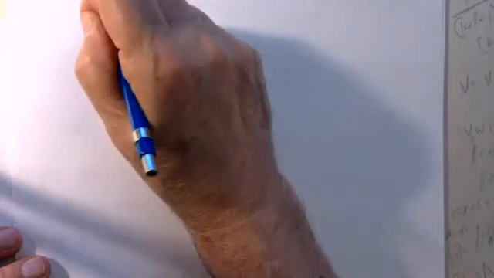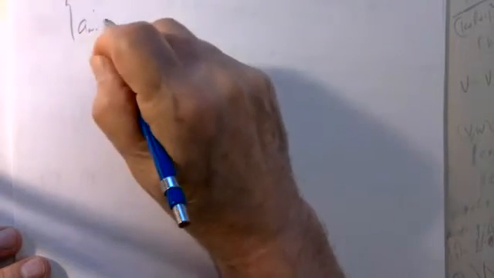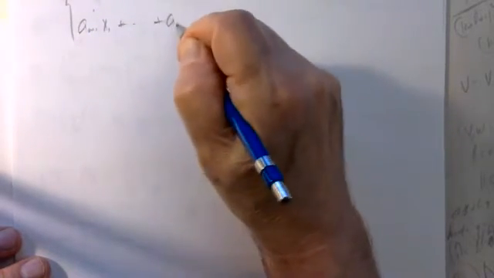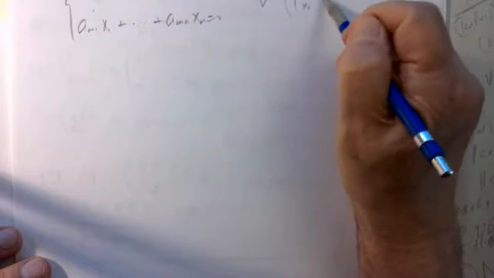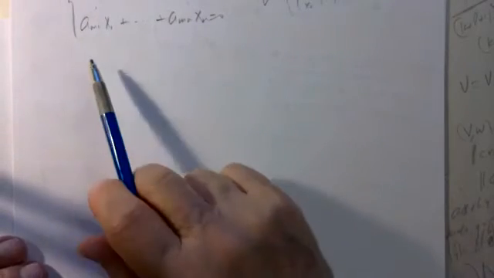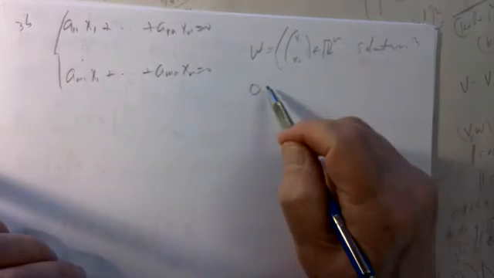You have a system, a11 x1 up to a1n xn equals 0, and so on up to am1, you have m equations in n variables, and W is again the set of all vectors in Rn that are solutions. So it's all vectors that are solutions simultaneously of all these equations.